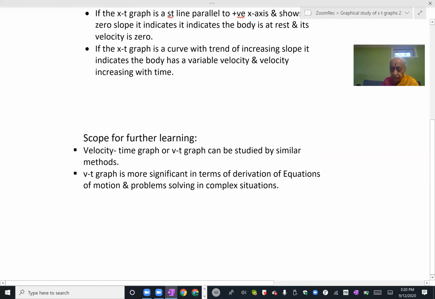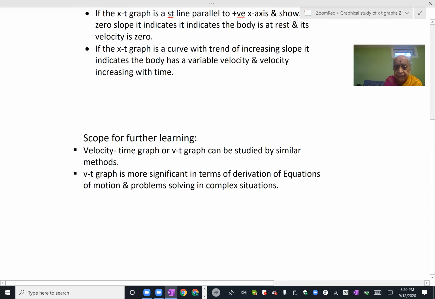The velocity units will be meter per second and the time units in second, or the velocity units can be kilometer per hour and the x coordinate either hour or minute. The y coordinate difference will give me change in velocity, the x coordinate will give me change in time, the time interval. So change in velocity by time will give me acceleration.